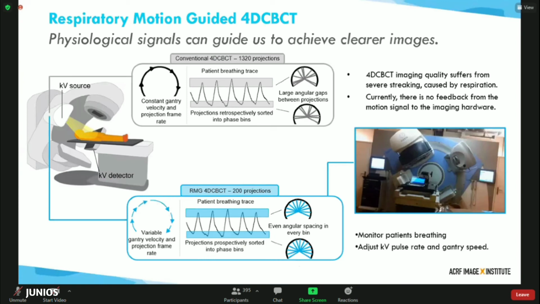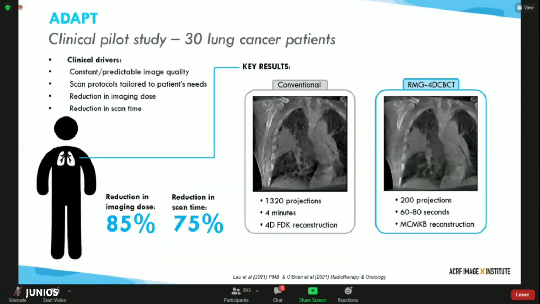Respiratory motion-guided 4D cone beam monitors the patient's respiration and uses the signal to vary the gantry velocity and [...] this technology in lung cancer would reduce scan time by 75% compared to conventional 4D cone beam.